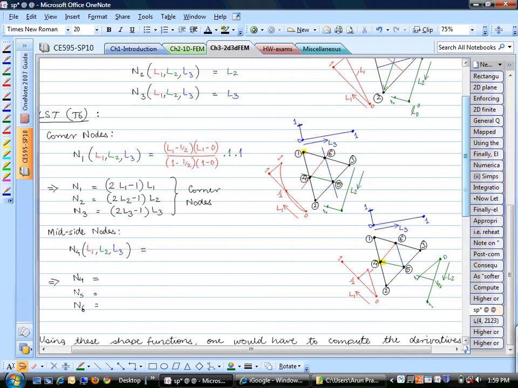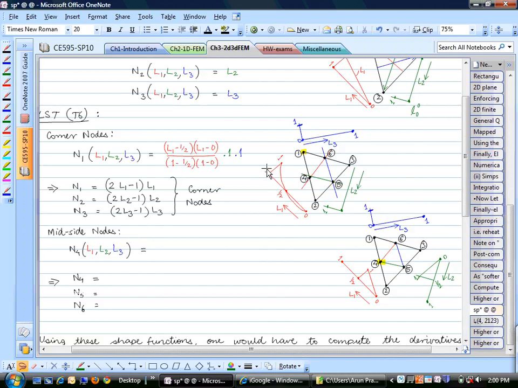So let's take another minute, and then maybe we'll just turn it in. N4. Yeah. So all you need to do is to multiply this function with this function and this function. This function is already 1.